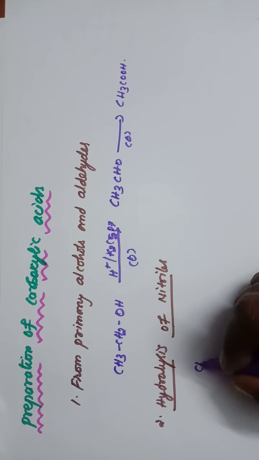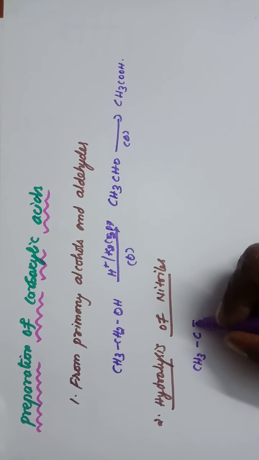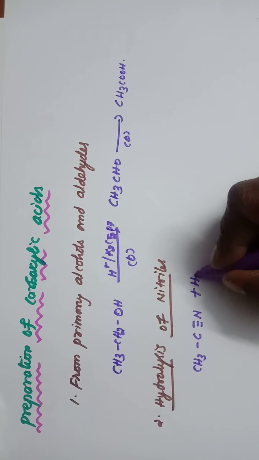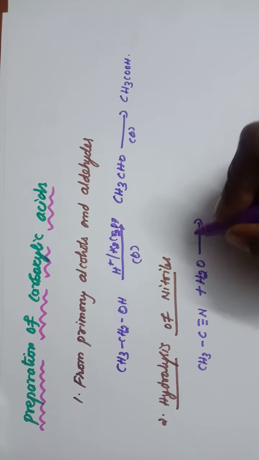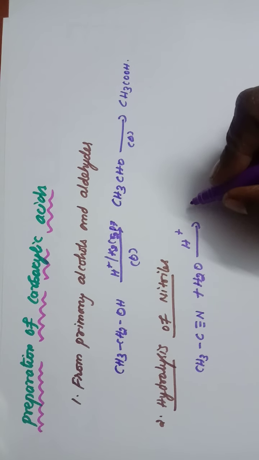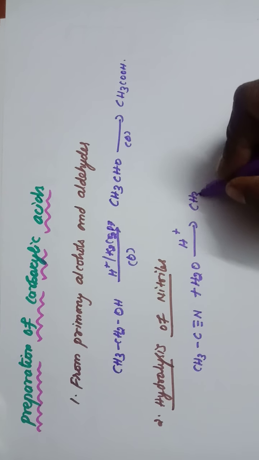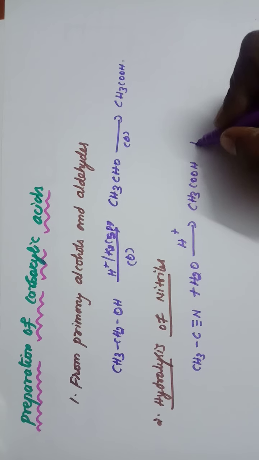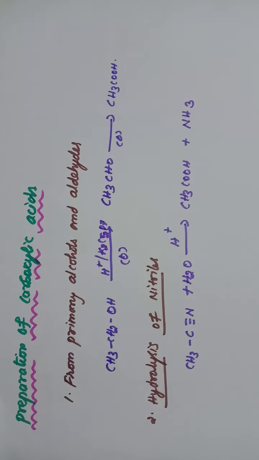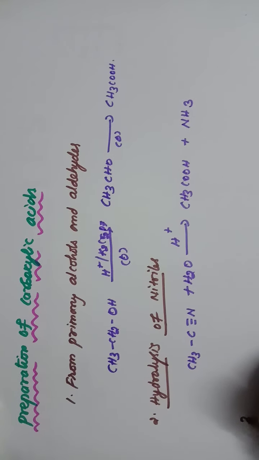Methyl cyanide, CH3 C triple bond N. This is methyl cyanide. When it undergoes hydrolysis in presence of acid, it gives acetic acid, CH3COOH plus NH3.